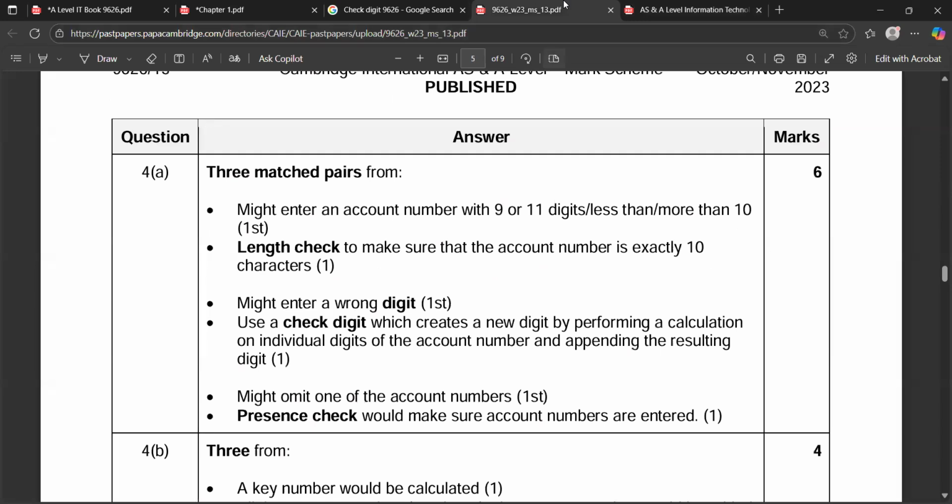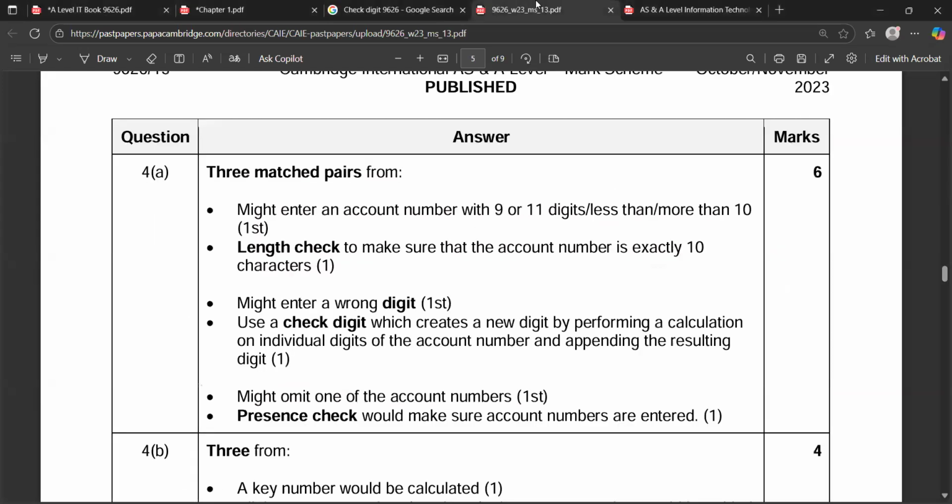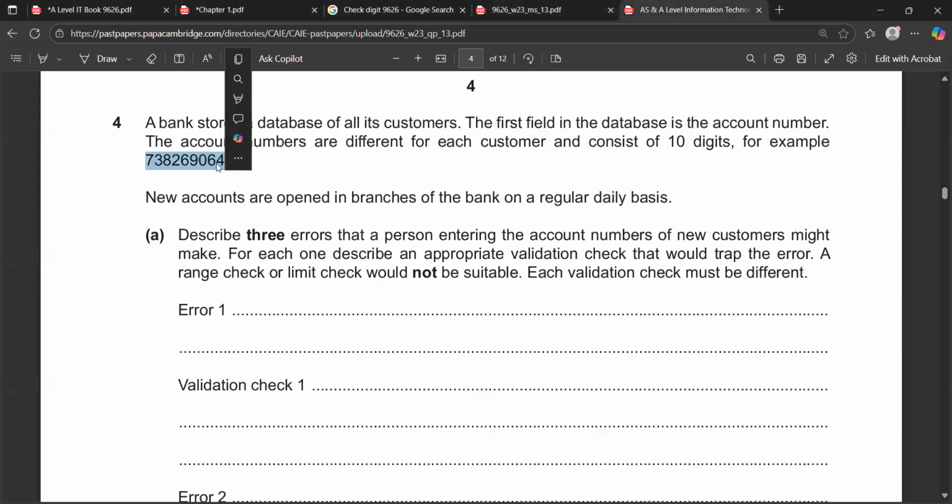No, character check is for when you are entering single characters like A, B, C, D. See, they gave you an example for the account number. How are you trying to add a character check into an account number? The account number just checks for the numbers. Here, maybe you can use a type check instead, to make sure that you are only entering numbers.